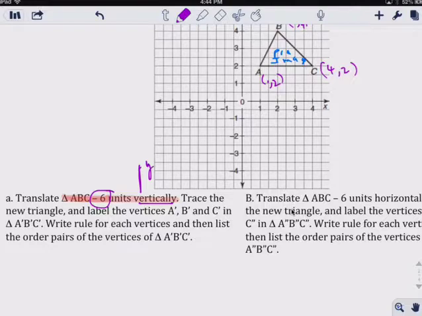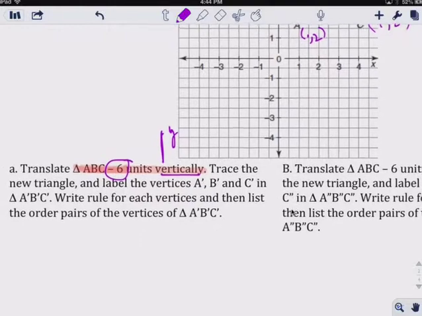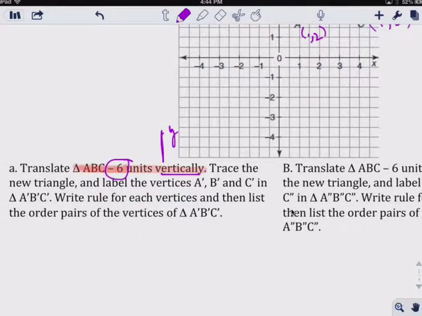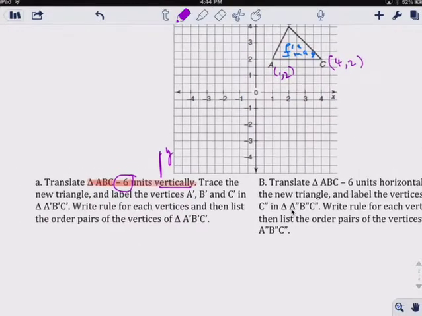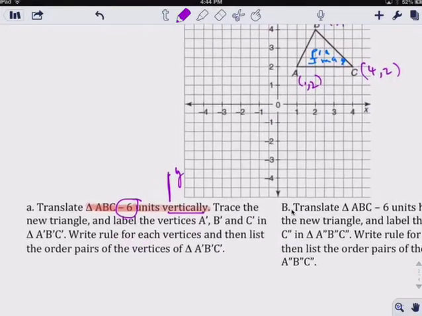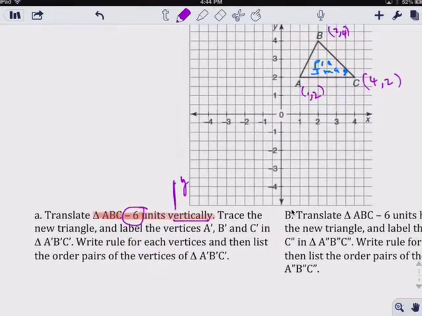Trace the new triangle and label A', B', C' with the prime. Alright, so let's see. I'm going to write the ordered pairs because, like I tell you, I'm really bad with seeing space, so I like to work with numbers.